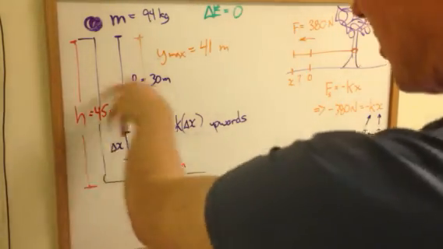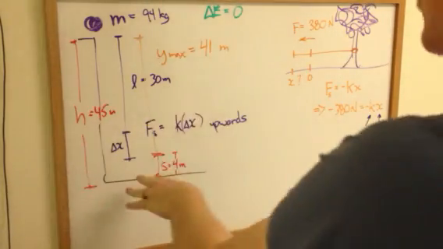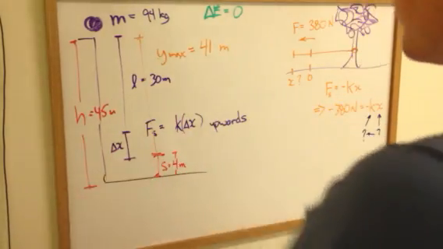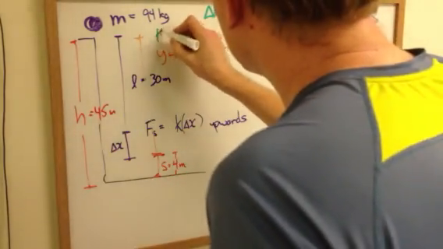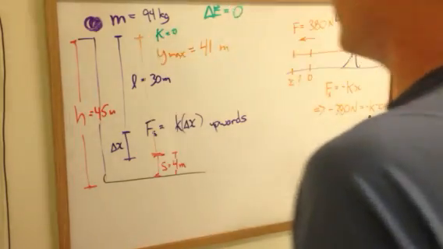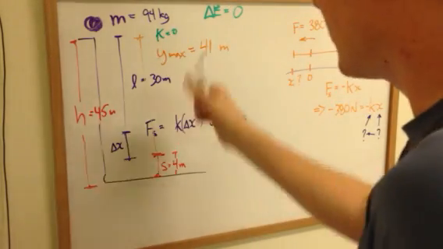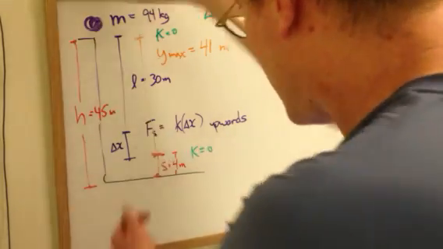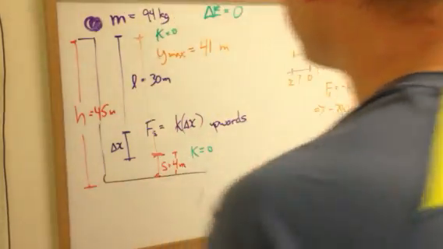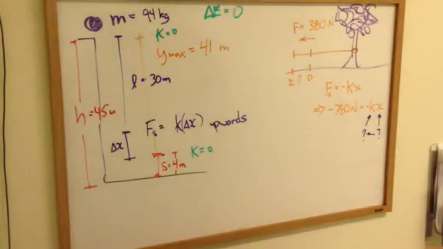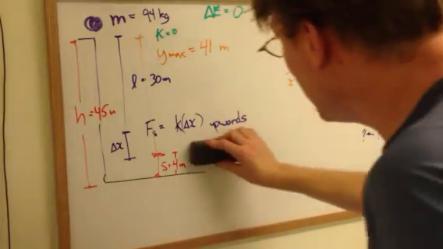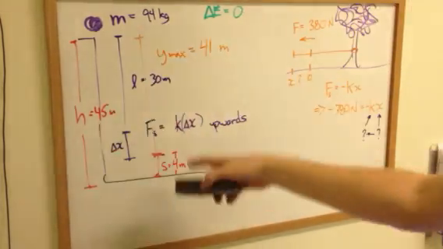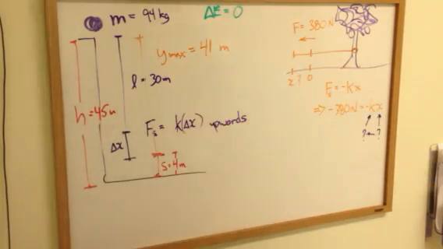He's going to have lots of speed in the middle, but that's an intermediate state. You can just look at the changes in energy from the top to the bottom. Up top, his kinetic energy is equal to 0. He's not really moving just before he jumps. And at the very bottom, just as the bungee cord stops him, he's not going to have any kinetic energy there either. We're not actually worried about the middle. We're just going to jump from top to bottom.